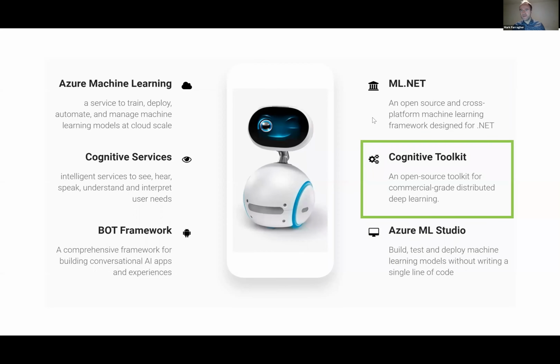Top right, ML.NET, Microsoft's new machine learning library. Really nice library, task-oriented, lets you do really powerful stuff, but it cannot train neural networks from scratch. If you want to do that, you need to use the Cognitive Toolkit, CNTK, which I will cover in this workshop. And finally, you've got Azure ML Studio.